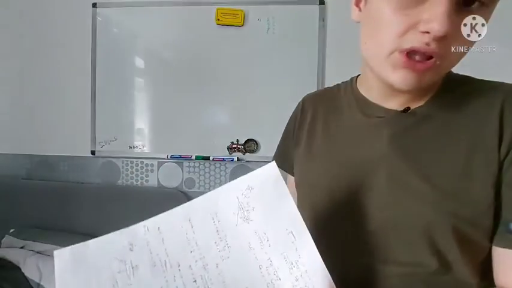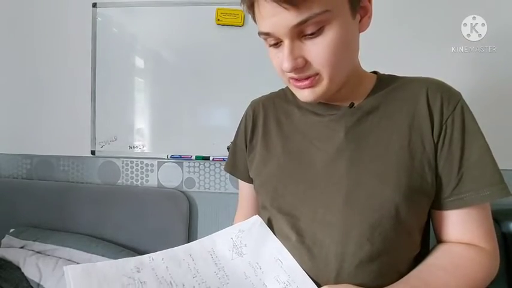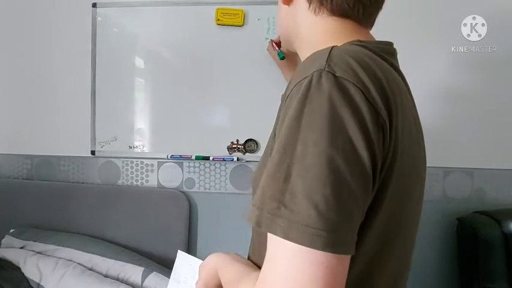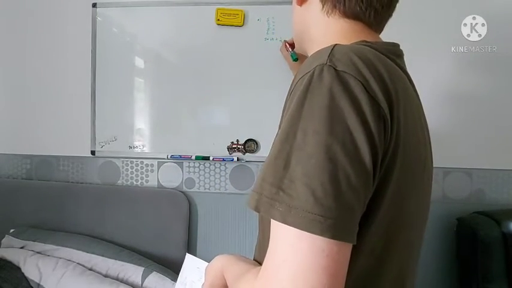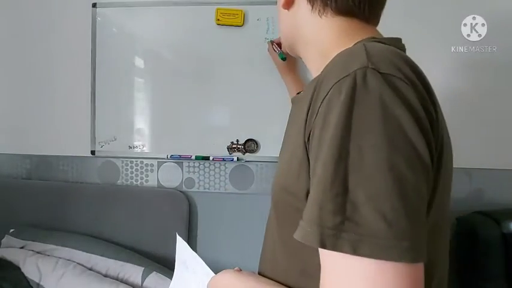So, let's have a look then. I've also got the questions below, so if I'm looking down, I'm looking directly onto the papers. So, how can we deal with this then? Well, we can use s equals ut plus 1/2 at squared, we'll probably use that somewhere. Underline my vectors, of course.